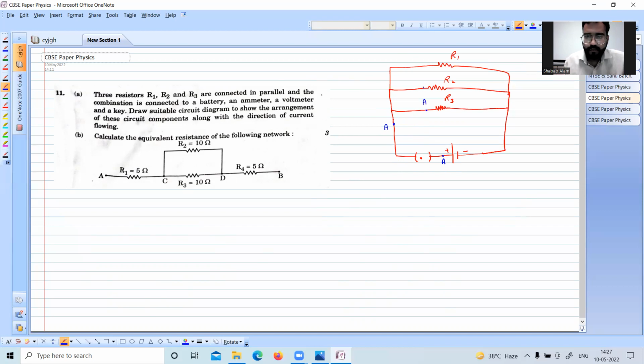So this will be point A, and all of these are point A. If I say this point is B, then all these points will be B. So we connect the voltmeter across A, B. We get the potential difference as V volt. The geometry can be of any type you like.